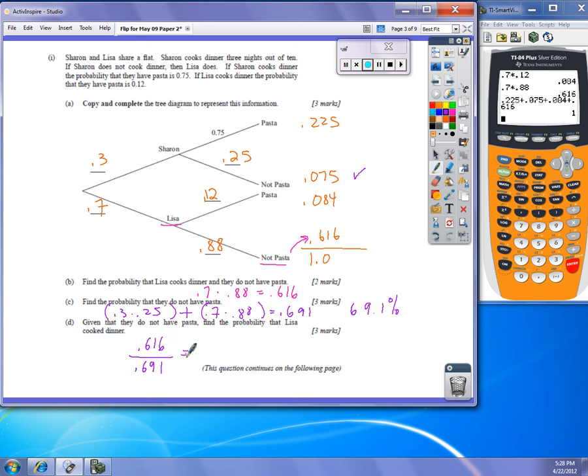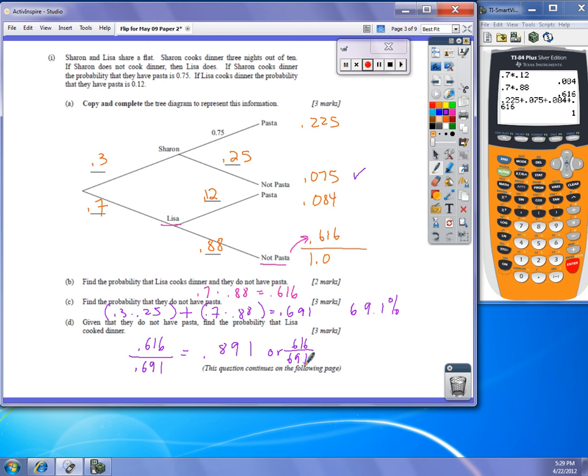So that probability ends up being 0.891. Don't leave your answer for that one as a decimal over a decimal. If you wanted to change it by multiplying the numerator and the denominator both by 1,000 to 616 over 691, that would be absolutely fine.